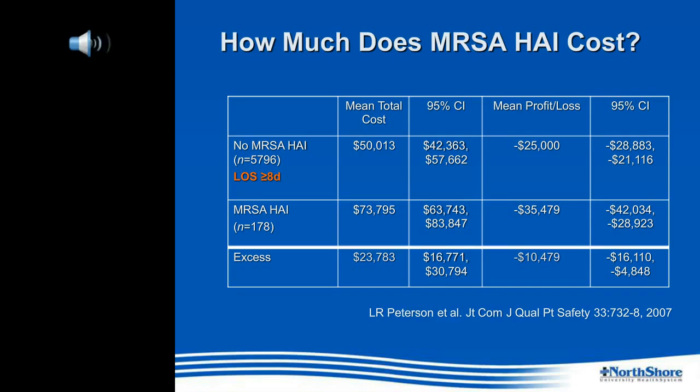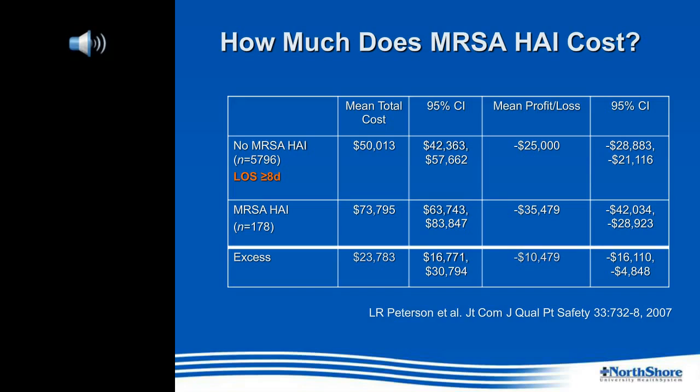So in the control population, we removed anybody that wasn't in the hospital for 8 days, and then compared patients with similar procedures, similar comorbidities, matching as best we could, with MRSA infection and without MRSA infection.